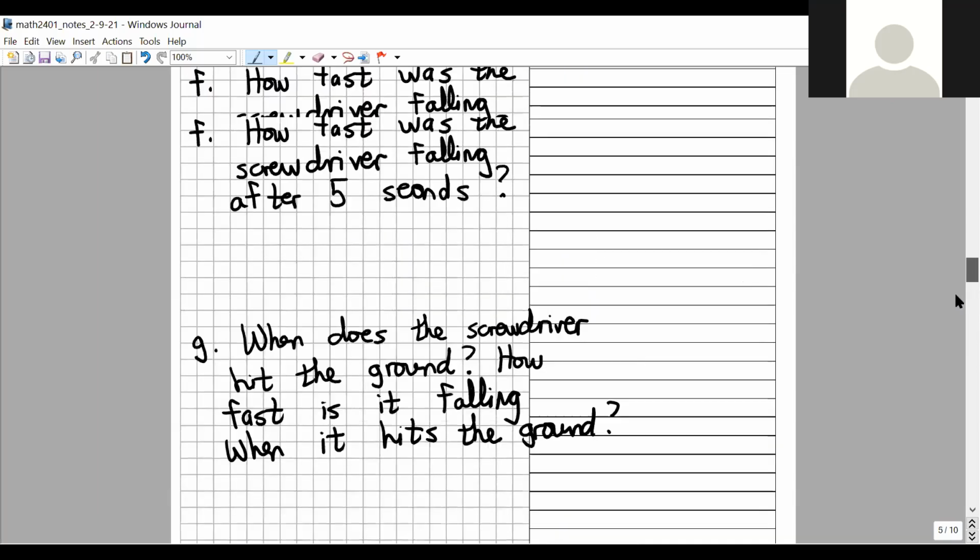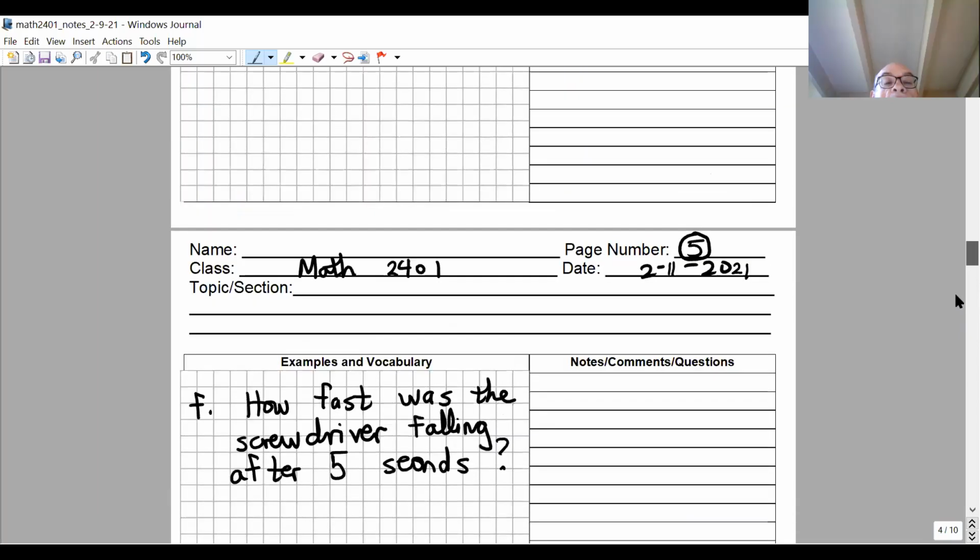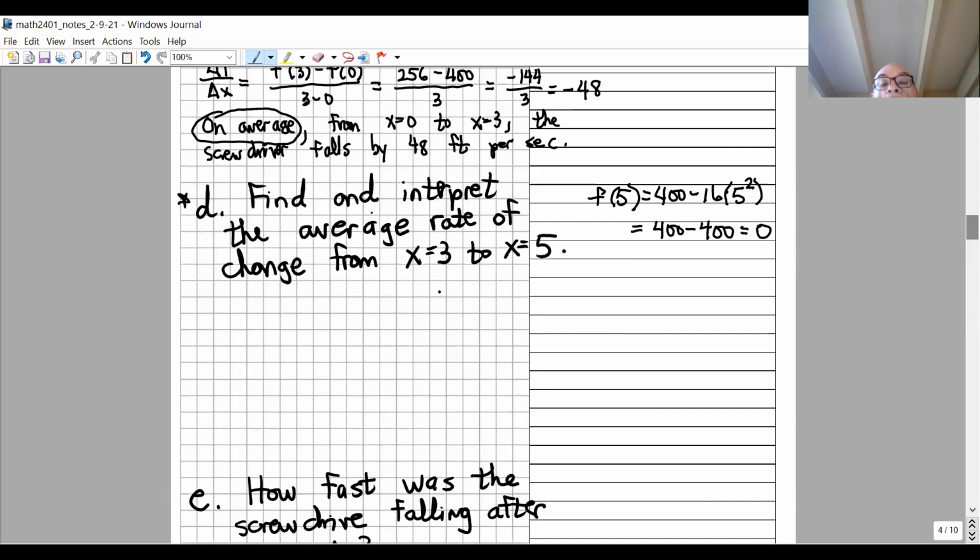So let's calculate that. It's pretty easy. What's the average rate of change from x equals 3 to x equals 5? I'll let y'all calculate that. We already computed f of 3 a moment ago. What was f of 3? 256.